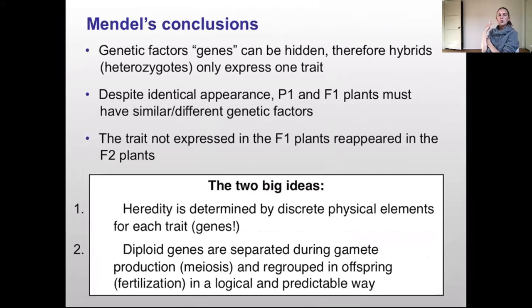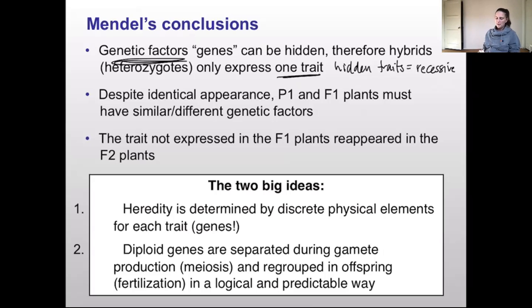All right. So in conclusion, Mendel had these 2 big ideas, all right? He didn't know about genes at the time, but there were genetic factors, we now know they're genes, that can be hidden, especially in heterozygotes that can only express one trait. Those hidden traits are going to be the ones that are recessive.